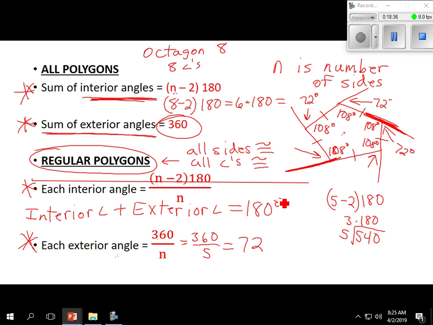So that also works. Notice that this formula is a whole lot easier than this formula. So if you know an interior angle, it might be better off to find an exterior angle and go from there. Or it's always, if you get a chance to use this formula, it's going to be easier than using that longer formula.